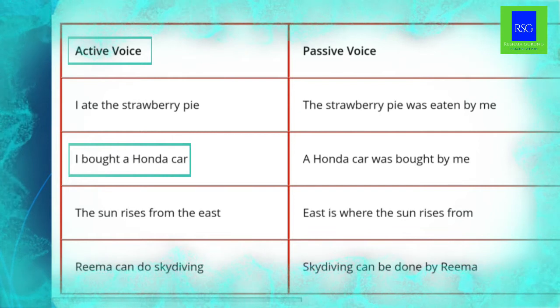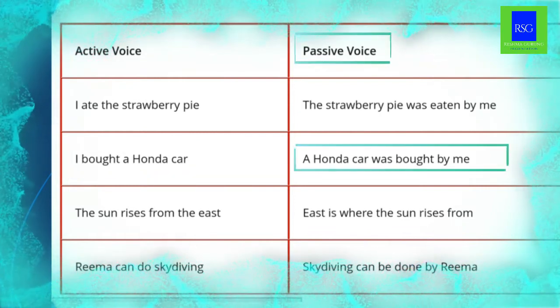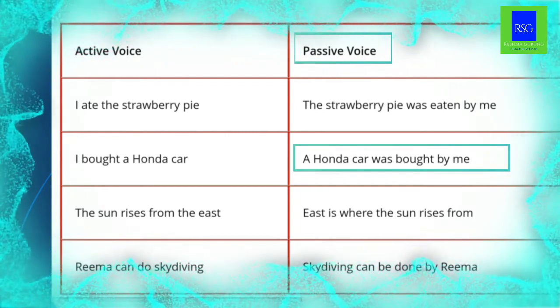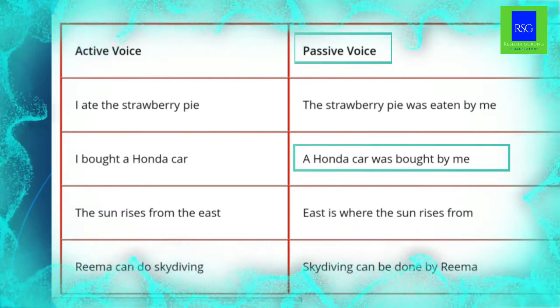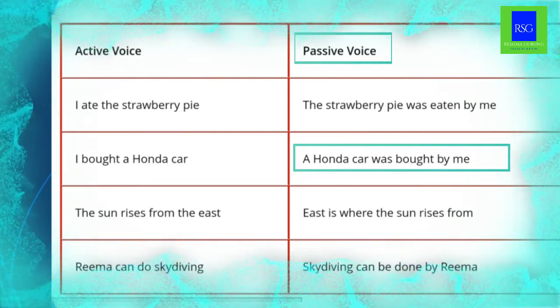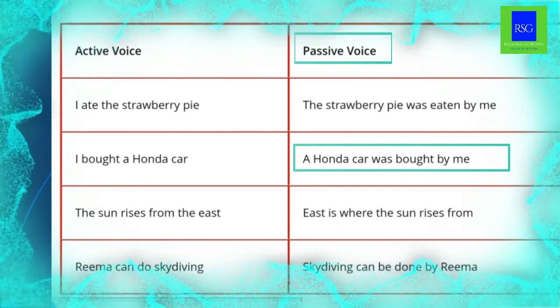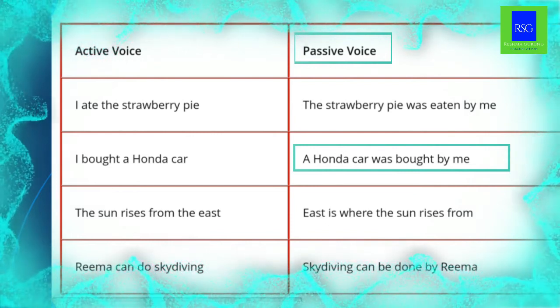When you convert it into passive voice, the object in the active voice becomes the subject in the passive voice. Therefore you've got to begin the sentence with a Honda car. So when you convert this sentence into passive voice, it sounds like this: a Honda car was bought by me.